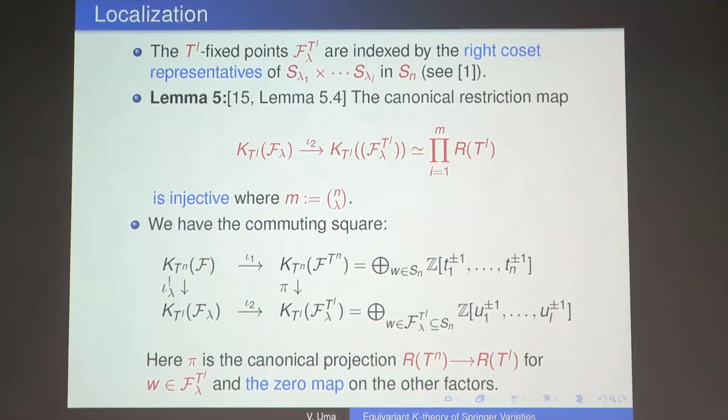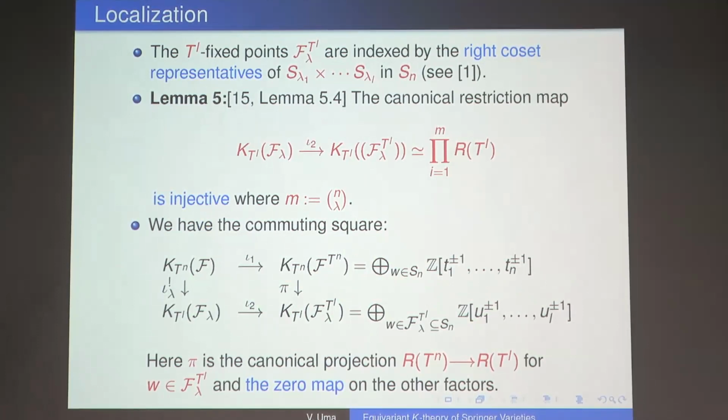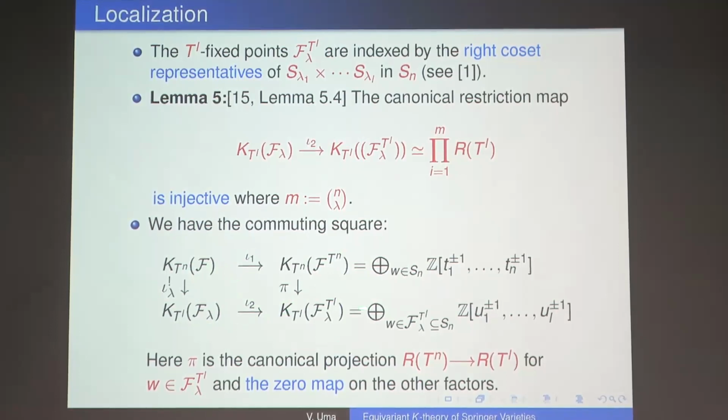Fixed points are finite. Yes, fixed points are finite. But T-invariant curves may be infinitely many. I'm not saying they are infinitely many, but the T_lambda-invariant curves in F lambda have to be T_lambda-invariant curves in F, because the fixed points are fixed points of F as well. But which are the curves which lie inside F lambda?